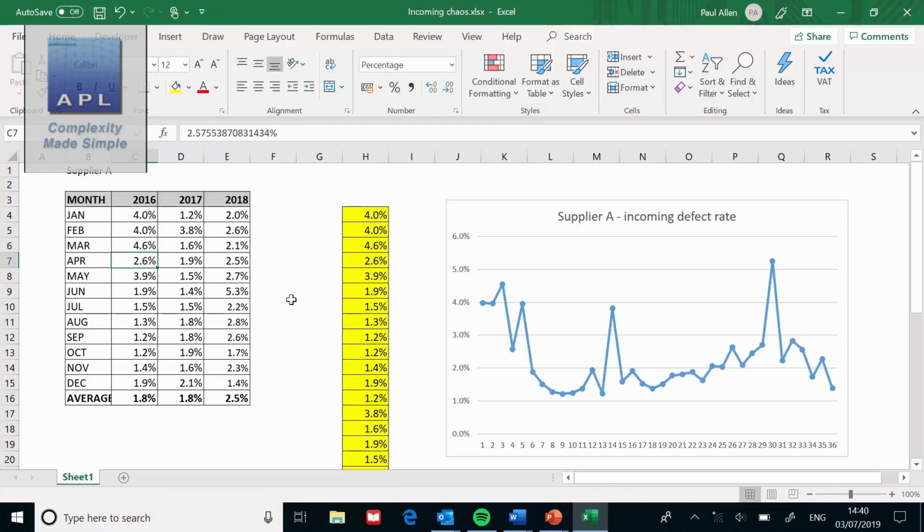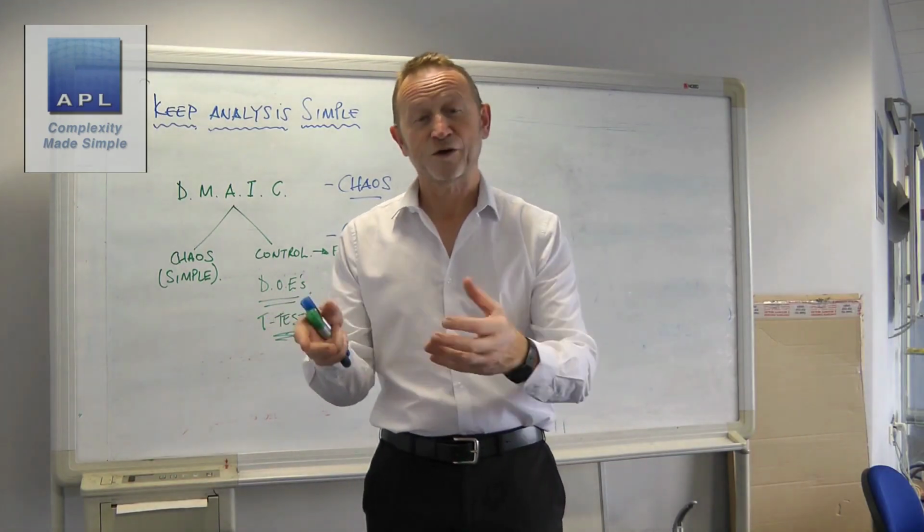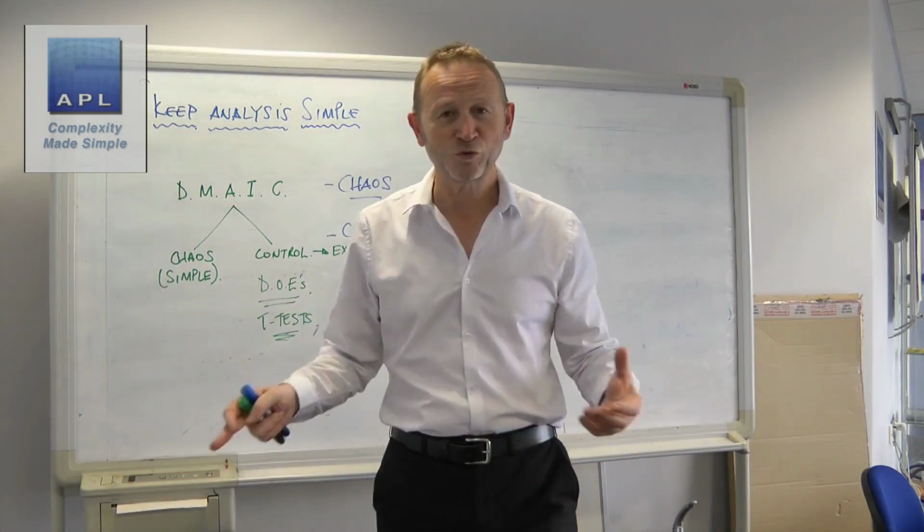So I've put the data into one long string in the yellow fields, and then next to it you can see a graph of the 3 years worth of data. Alright, so simple. I've just put it in a run chart. Okay, now that's it. That's all we need to do.